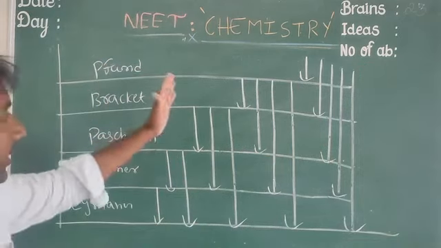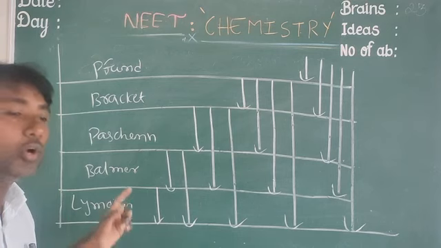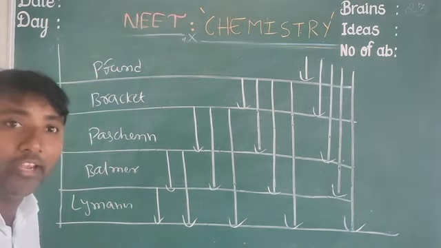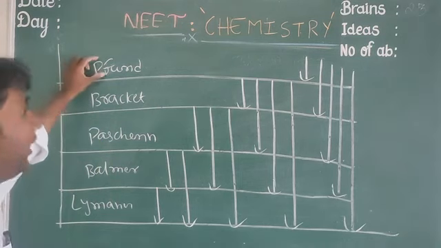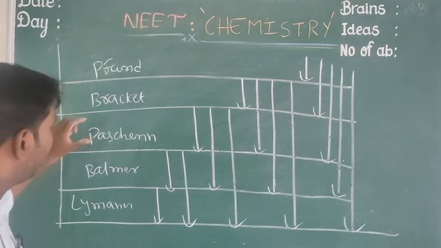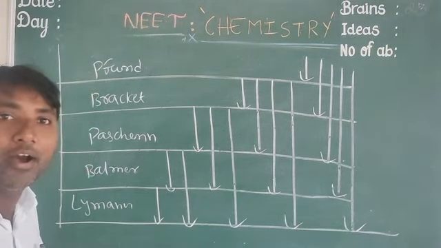So like this, transition takes place from one series to another series. Here, which series gives more lines, more transitions? Pfund. Next Brackett, next Pascal, next Balmer, next Lyman.